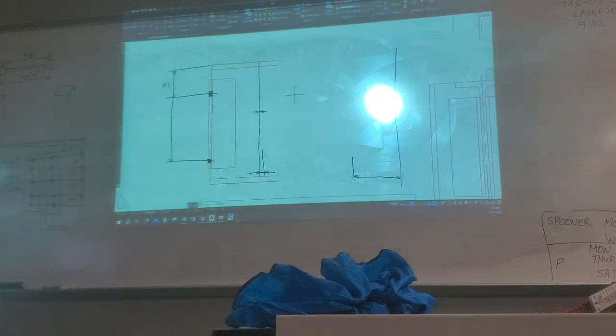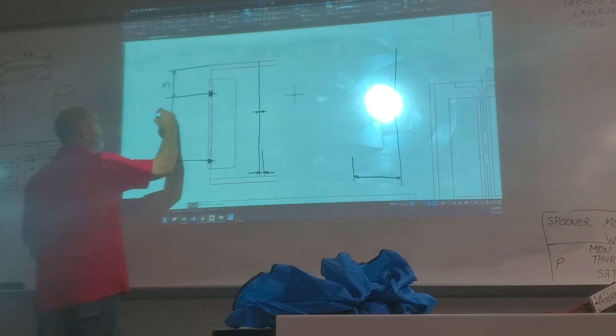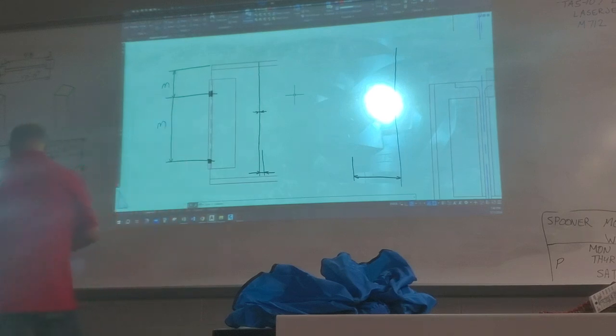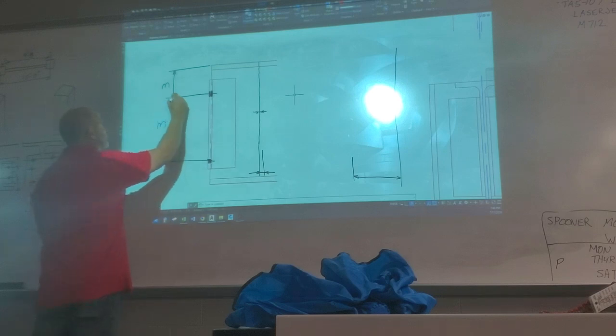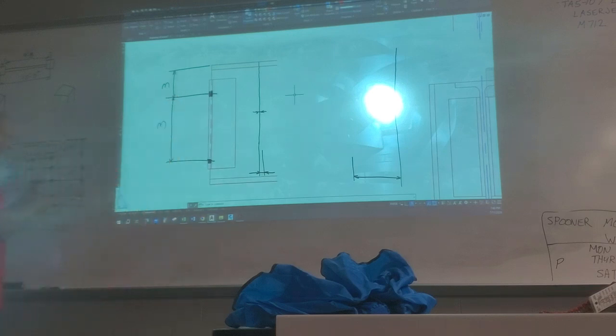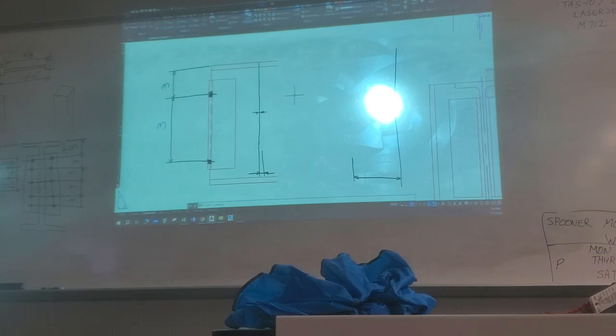So if you look it up, and it is a W10, a W10 only has 2 rows. So when you fill in this dimension, it's gonna be 3 inches. That is what you would fill in for that number, telling me that there is only 2 rows on that member, because there's 3 inches one time. 1 row and then another row.